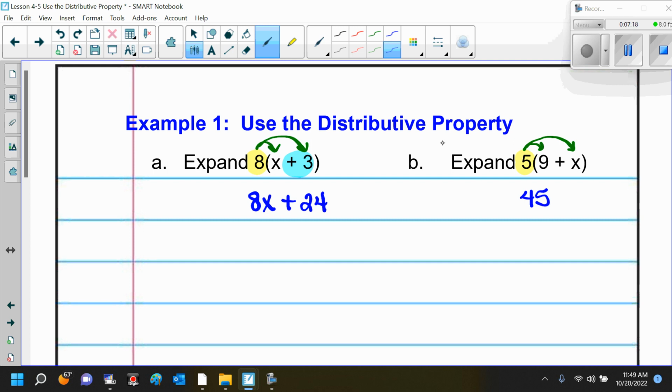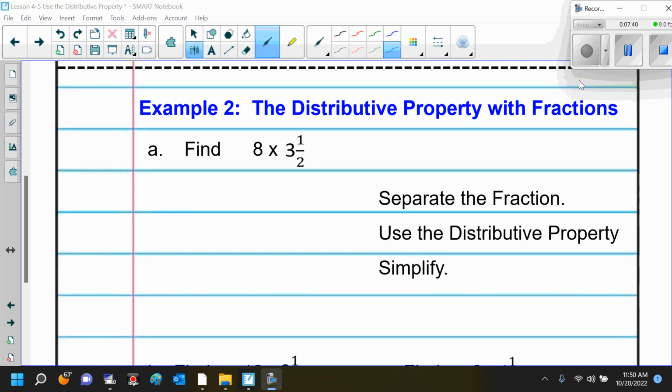Very good. And then, let me highlight it, we have 5 times positive 1x. What's 5 times positive x? That's going to be, what kind of 5x? Positive. So that's going to be a positive 5x. And that's all there is to it.